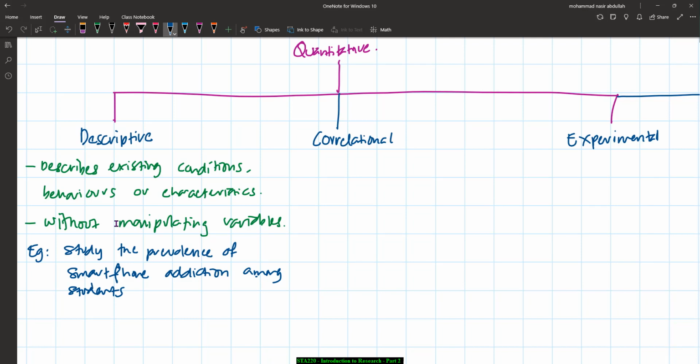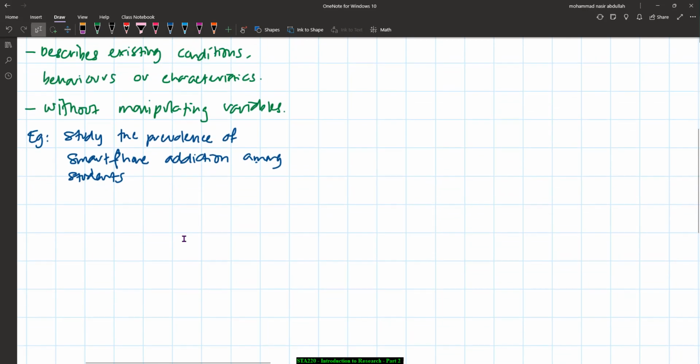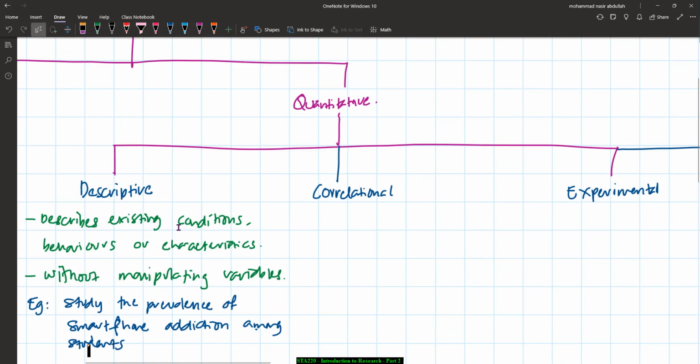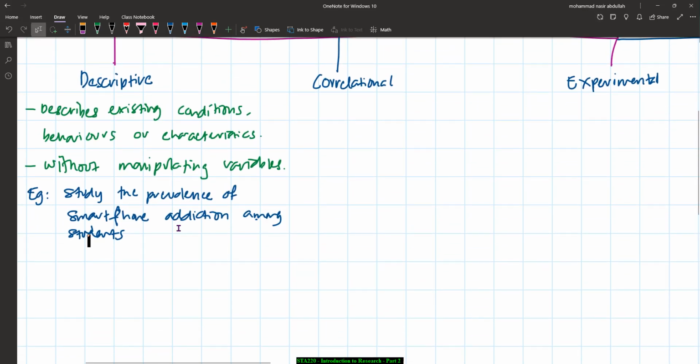For example, this is we just want to study the prevalence of smartphone addiction among students. Right. So to do this, by using a descriptive study design, we just deploy a survey.